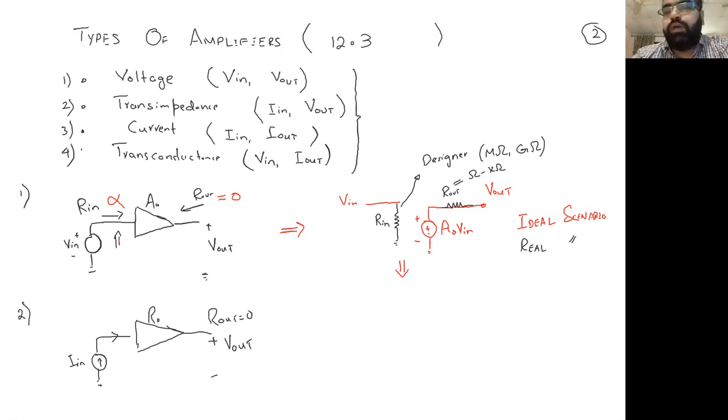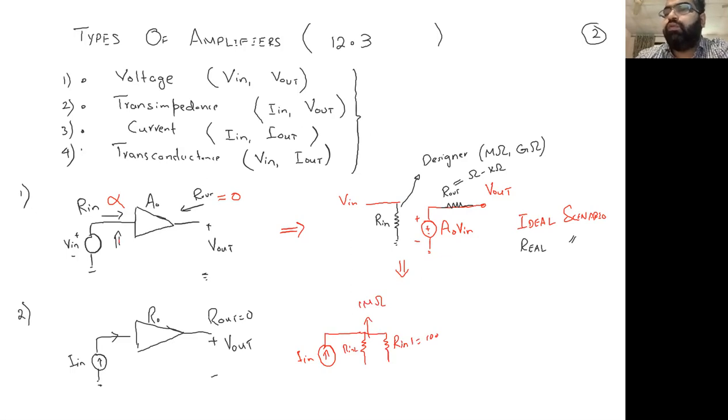What about the input? If, for example, we want to mimic a scenario where we are feeding a current I in to some junction, and the input impedances are R in 1 and R in 2, where R in 1 is 100 ohms and R in 2 is 1 mega ohm, where will this current flow?